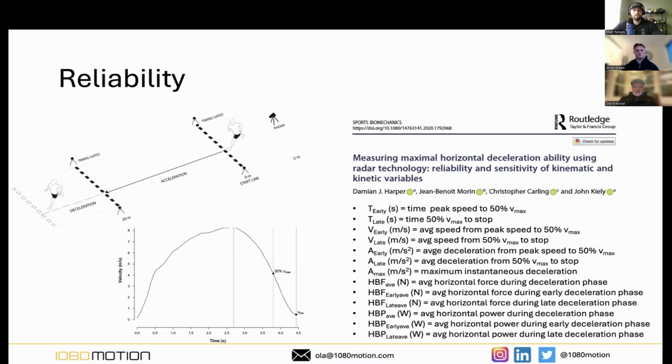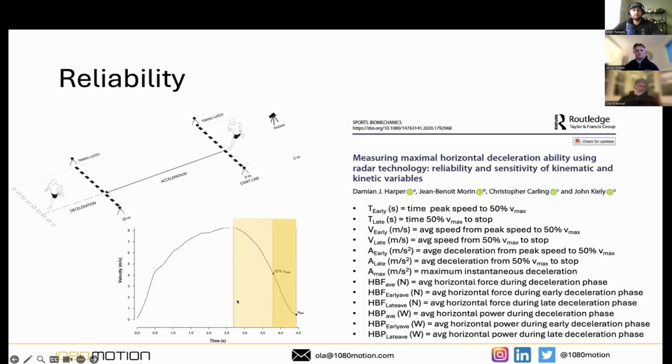And he used the acceleration deceleration ability, the ADA test. And then he divided the deceleration into two different phases. So I've tried to highlight that here. And this data is filtered. I believe it was 1.3 hertz after contacting the manufacturer of the technology that they had used. So we actually kept it consistent.